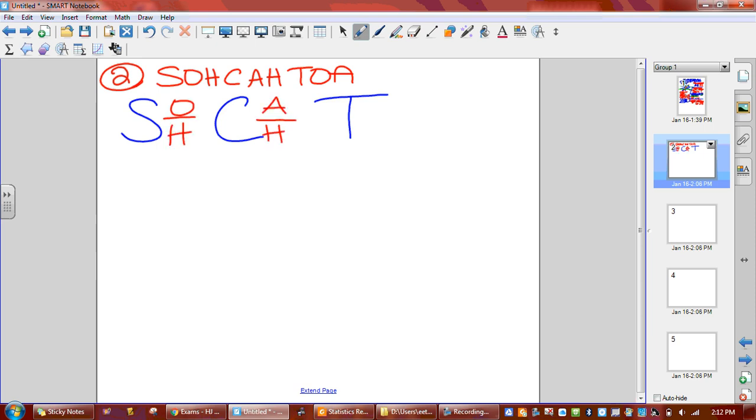Okay, I've color-coded them. The S, the C, and the T, the sine, cosine, tan, those are buttons on your calculator. Now, those are our trigonometry buttons for a right angle triangle.